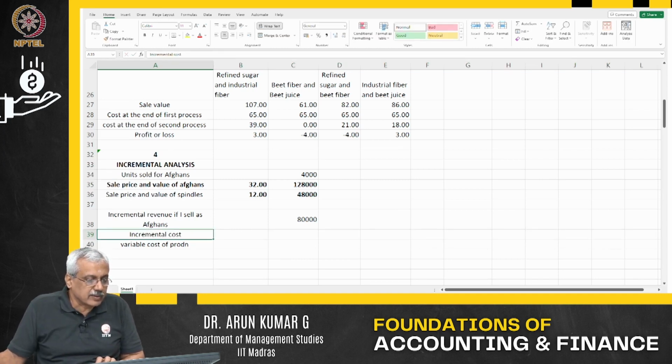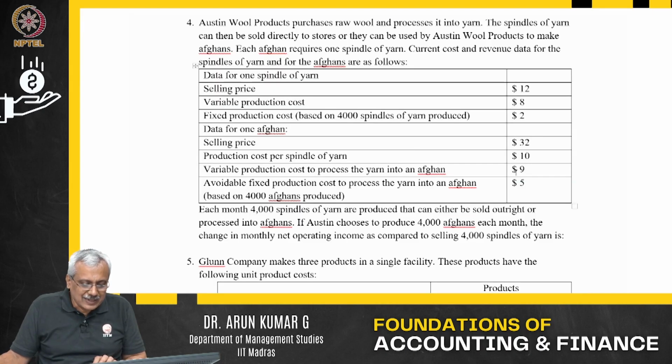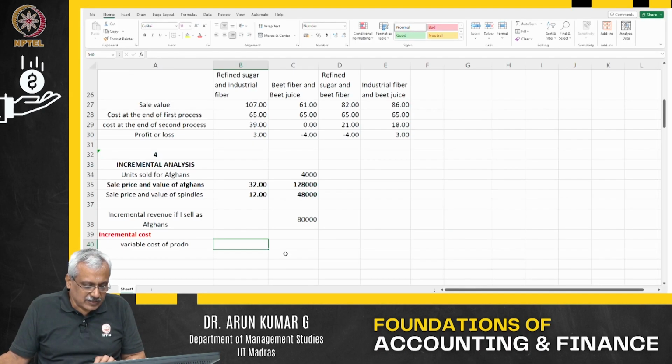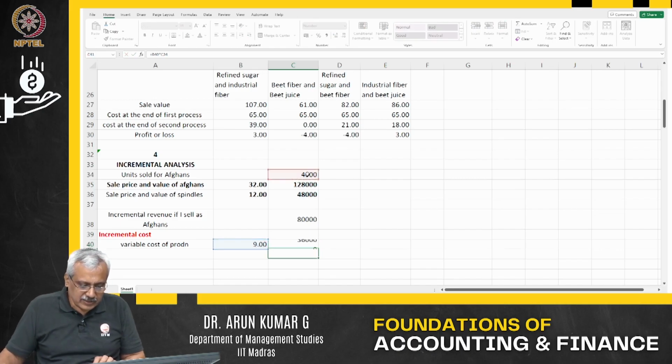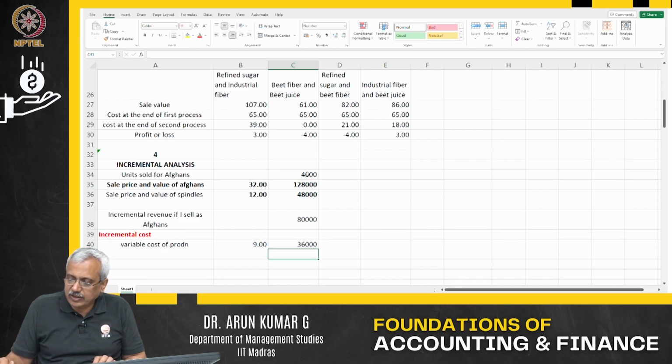Variable cost of production to produce an afghan is $9, that is 9 into my 4,000 units. This is going to be my incremental cost of producing afghans.